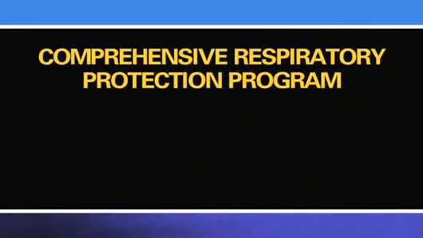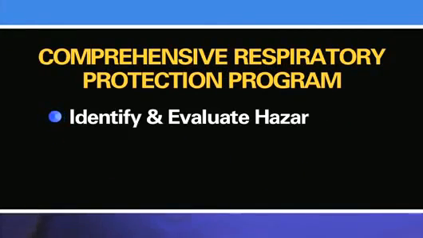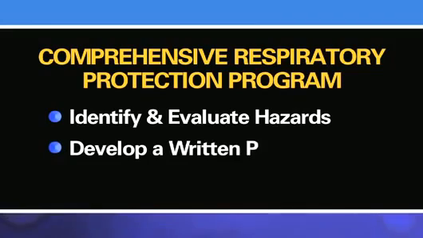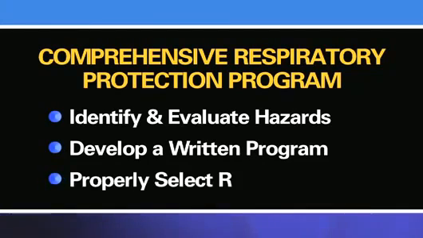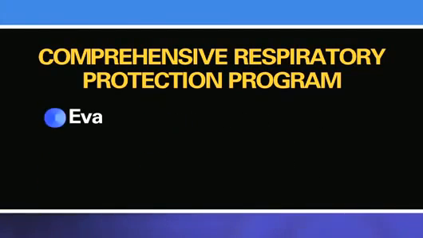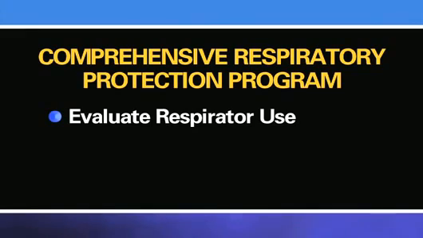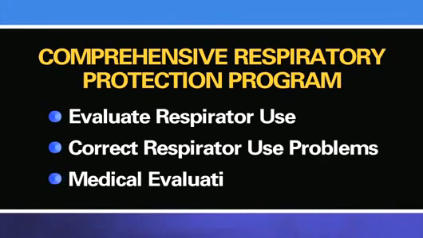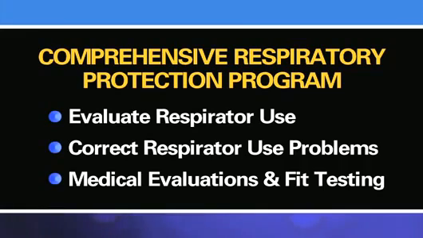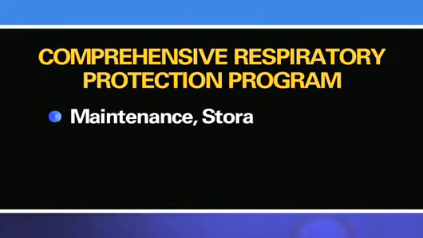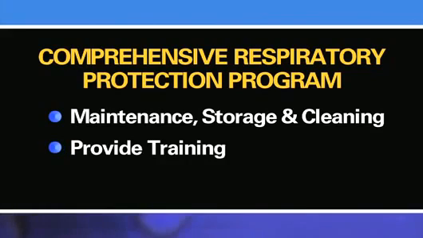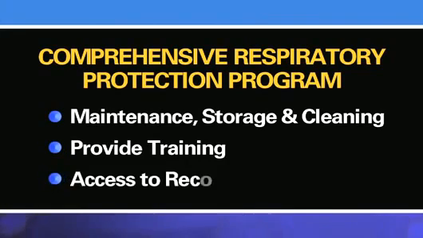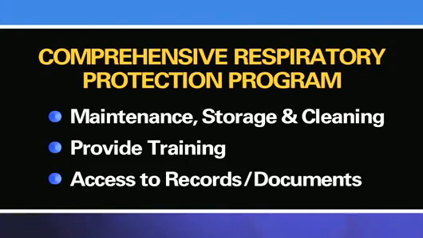Your employer must identify and evaluate hazards, develop a written program, properly select respirators, evaluate respirator use, correct any problems with respirator use, conduct medical evaluations and fit testing, provide for the maintenance, storage, and cleaning of respirators, provide training, and provide you with access to specific records and documents, such as a written copy of your employer's respiratory protection program.